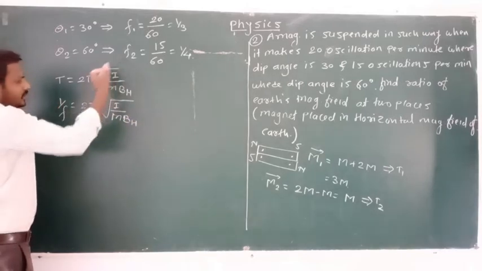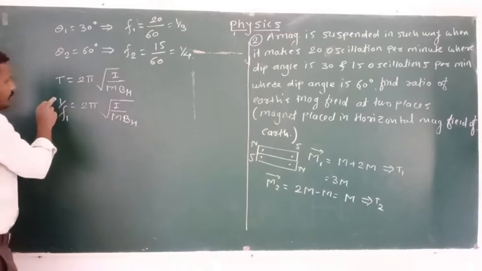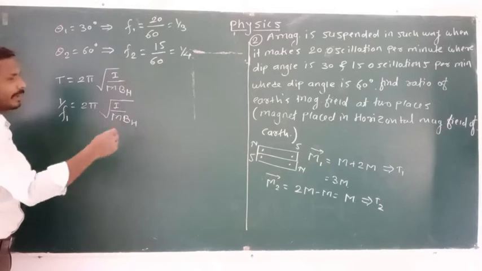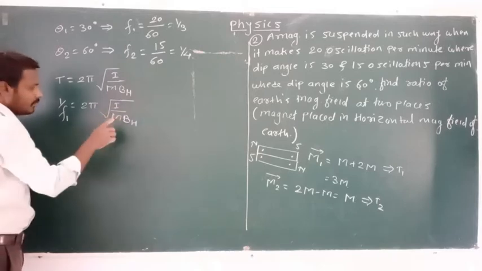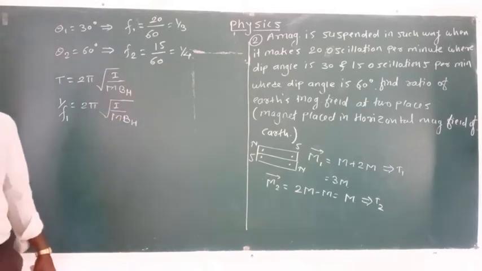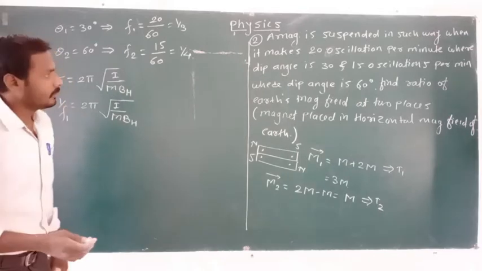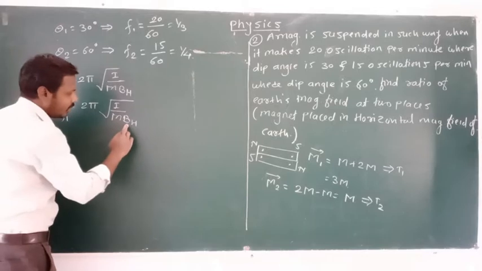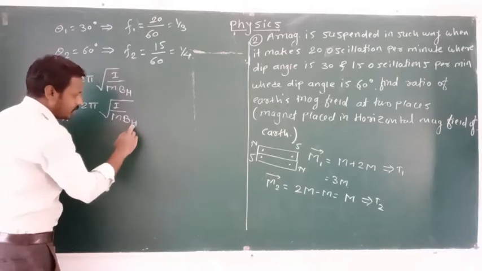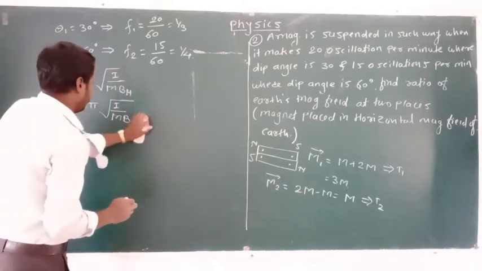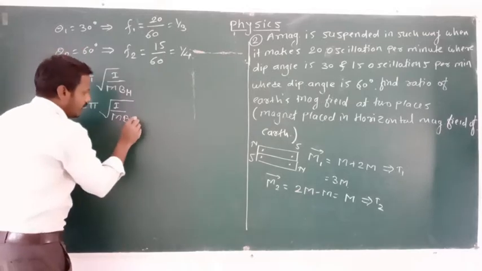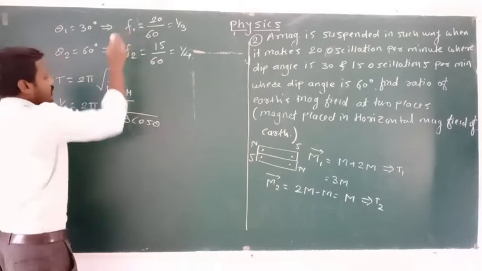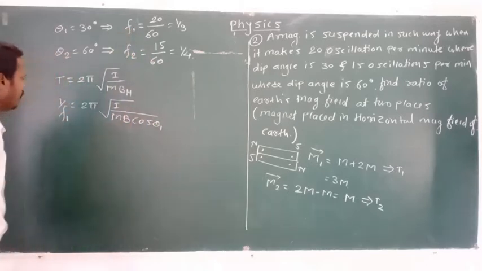If there are two cases, then we can write 1 upon F1 is equal to 2 pi under root of I, because the bar magnet is same, therefore I becomes same. M means magnetic dipole moment of the bar magnet. The bar magnet is same, therefore M is also same. And here BH we can write as B cos theta, and for the first case it is theta 1.